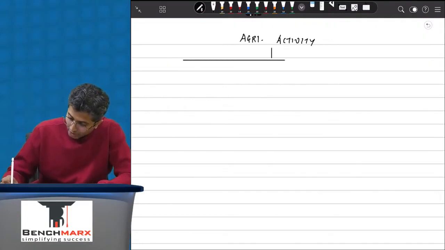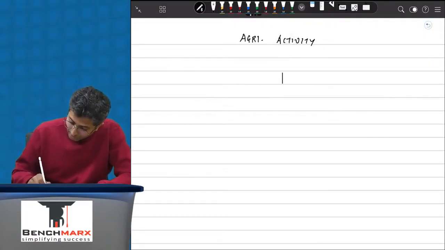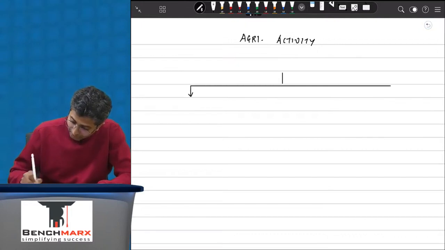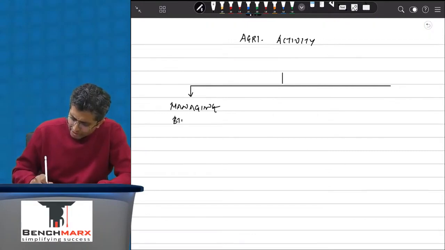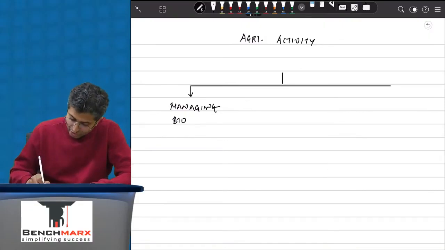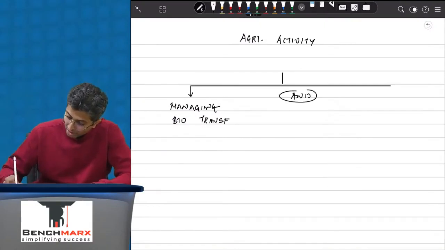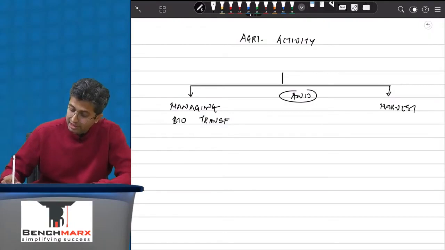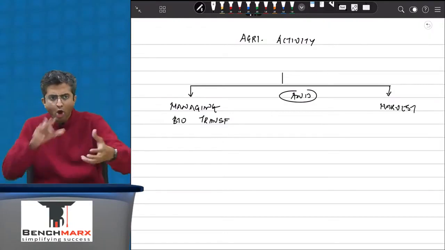It refers to the process which involves the management of biological transformation, which is the growth, degrowth, reproduction, managing of biological transformation of a biological asset, and its harvest. So harvest includes either slaughtering or plucking.